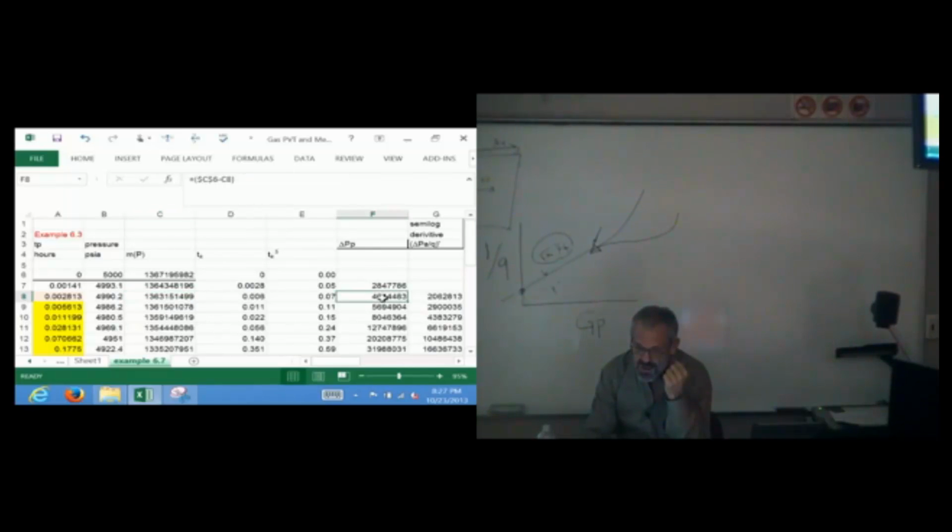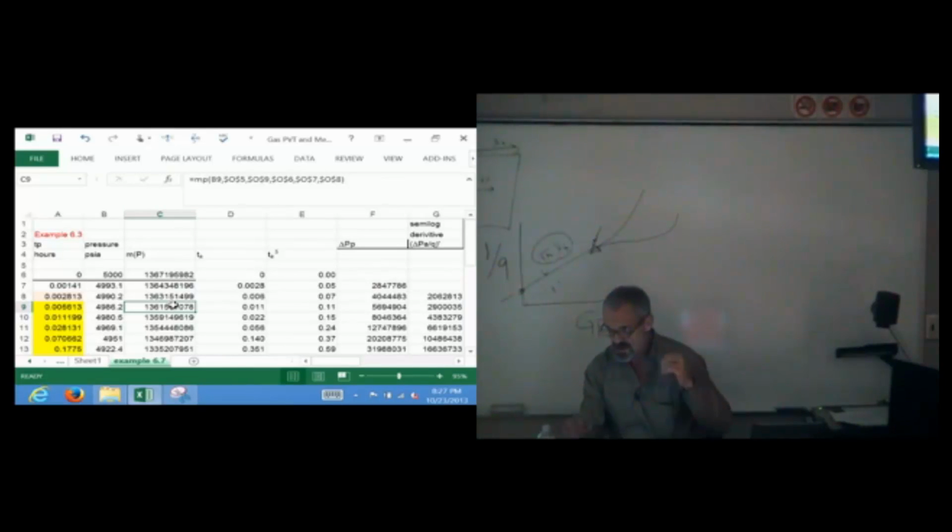I probably use delta p because it's a positive slope. But remember, my slope has the absolute value. If I had taken pseudo pressure, I would have had a negative slope, but I would have still pulled out the absolute value. It wouldn't have made any difference if I used delta pseudo pressure or pressure.